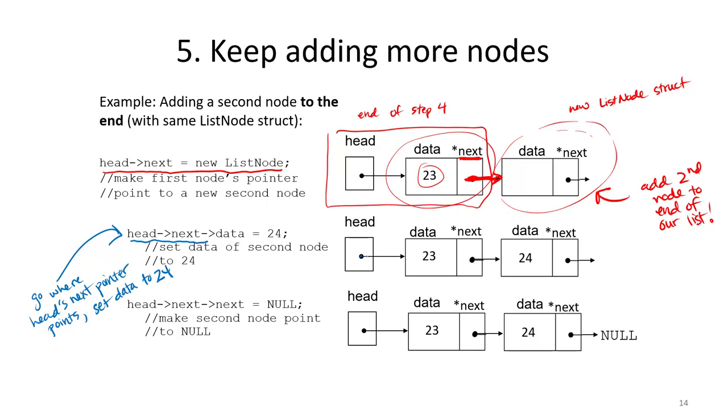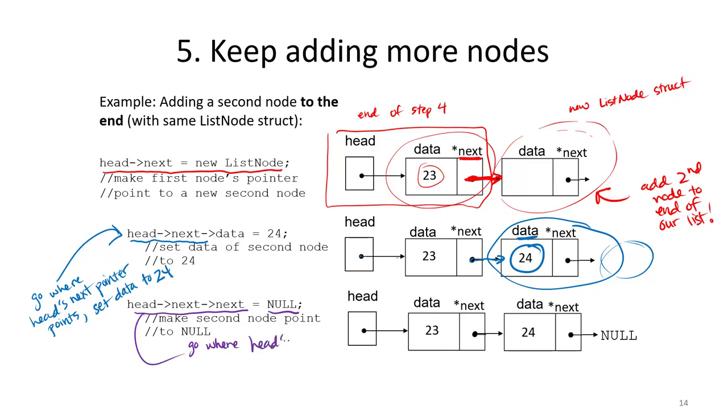So notice I go where head's next pointer points, that's my second node, and I set my data value to 24. Finally, I want to make sure that the end of my list points to null. So notice I write this additional line of code. Head arrow next arrow next equals null. This will make us go where head's next pointer points.